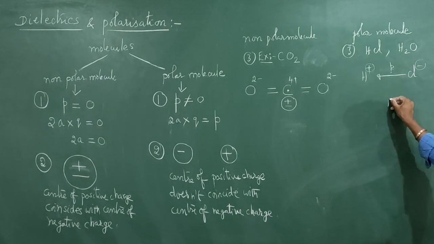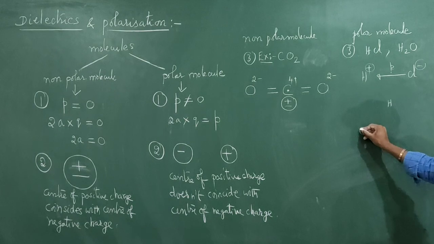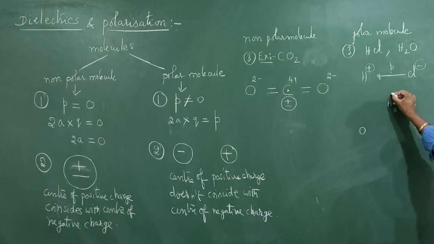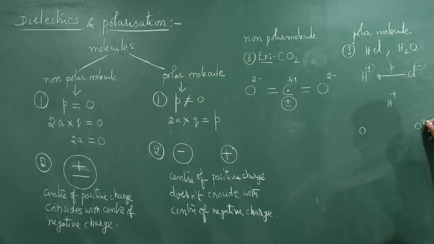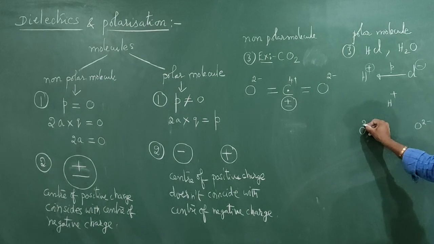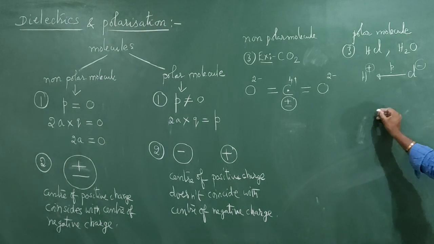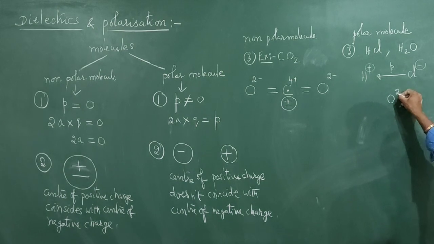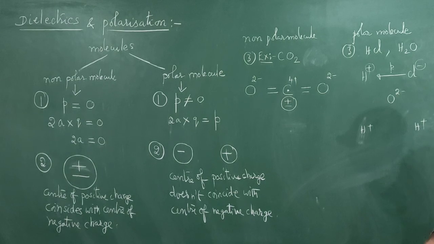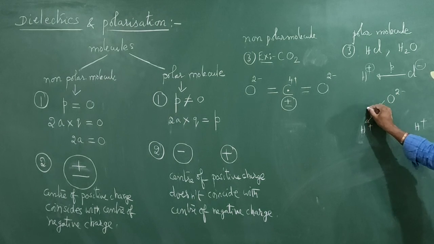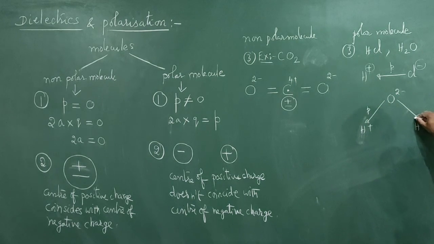H2O. Now this is hydrogen and this is oxygen. Here I can write O2 minus, H plus and H plus. So O2 minus with each H plus gives one dipole moment, and another dipole moment.